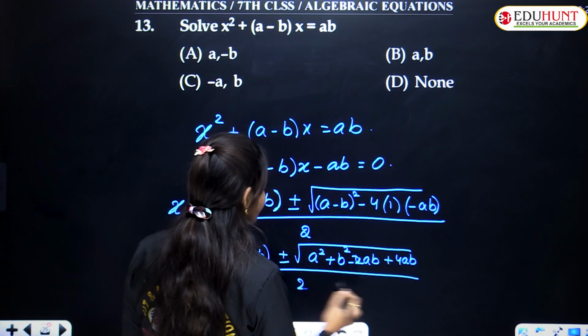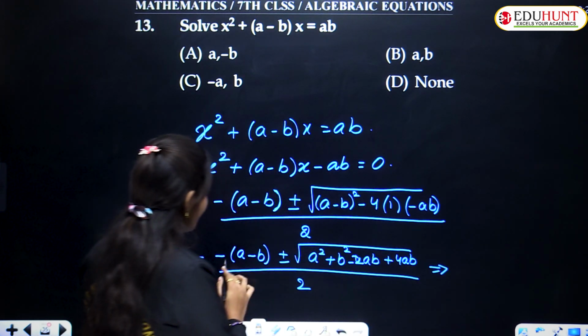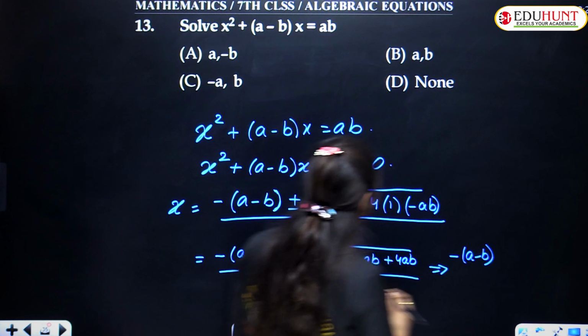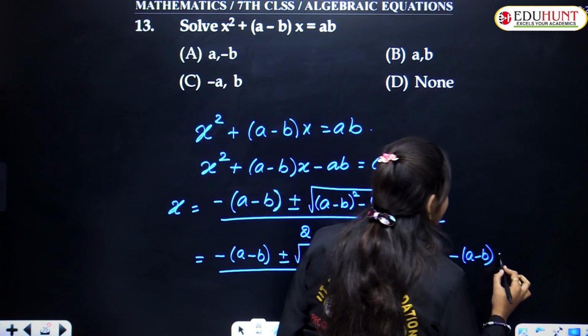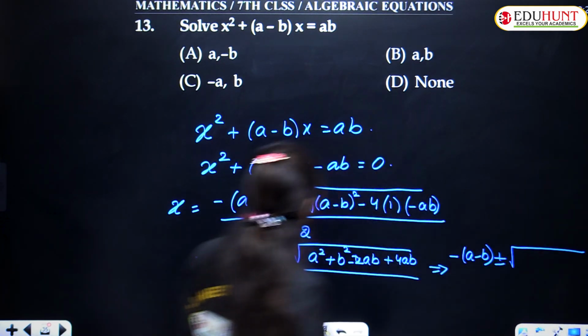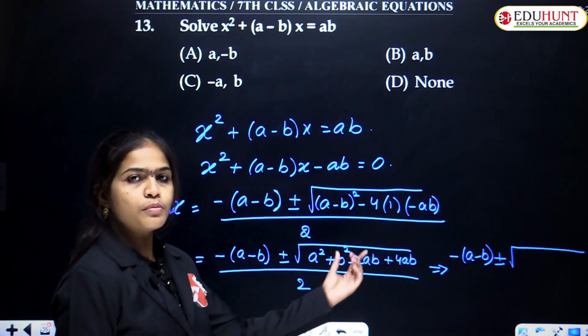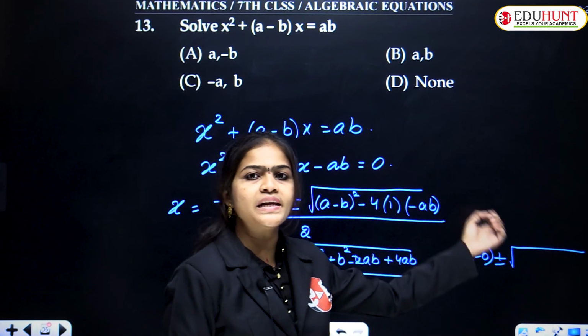whole by 2. From this, minus of a minus b plus or minus square root of a square plus b square minus 2ab plus 4ab. So minus 2ab plus 4ab is equal to plus 2ab.